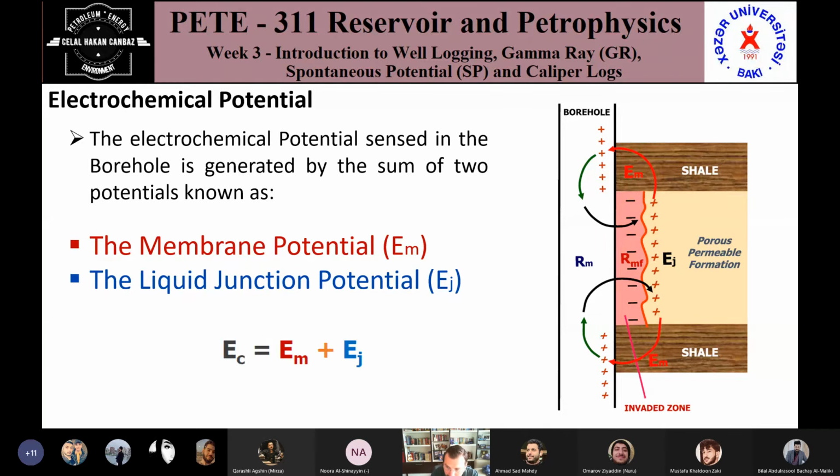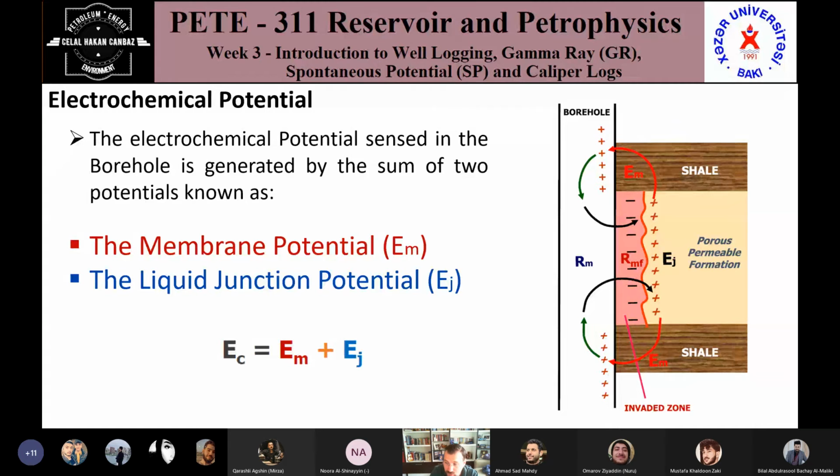Okay. So as you can see from the upper part of the figure, here you can see a saline formation water in a sandstone formation and mud in the borehole separated by shale, right? Sodium chloride, which is usually present in both the formation water and the drilling mud, separates into charged ions, sodium and chloride, in solution in water.